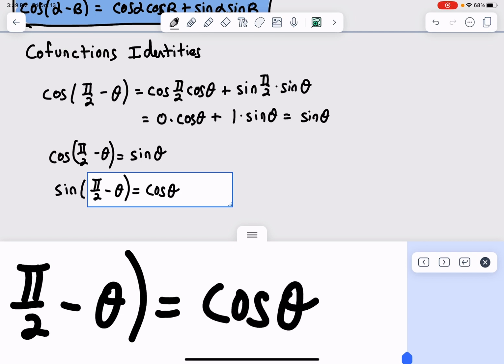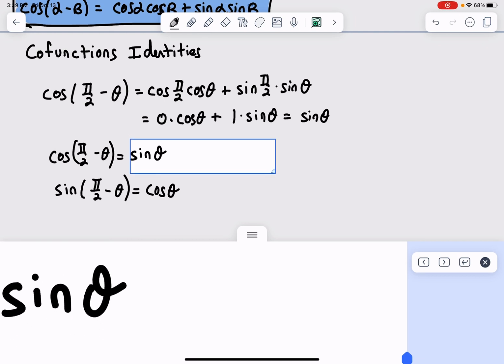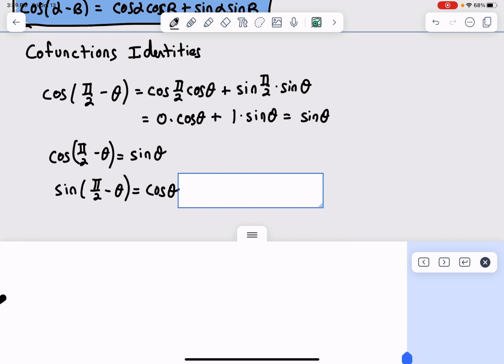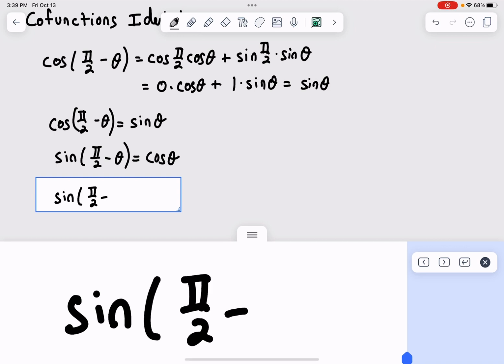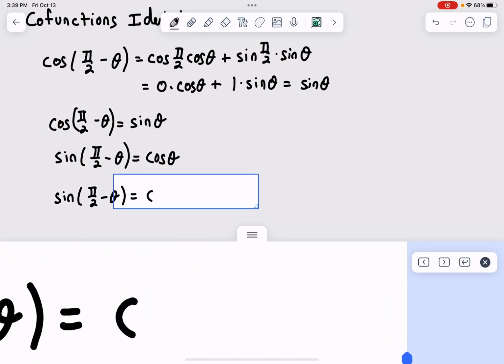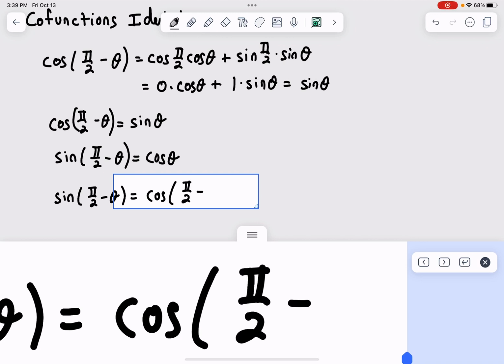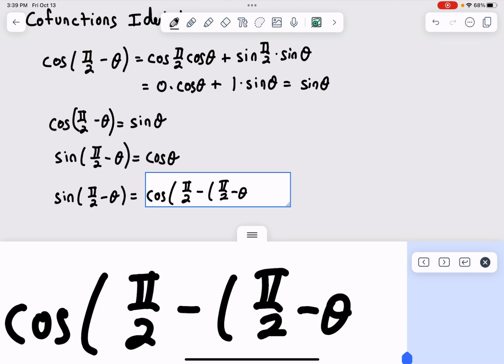And we can actually derive that from the top one. Basically, if we go in here and replace theta with pi over 2 minus theta, watch what happens. Sine of pi over 2 minus theta, using this one right here, would be equal to the cosine of pi over 2 minus pi over 2 minus theta.